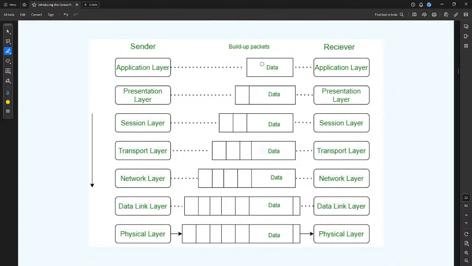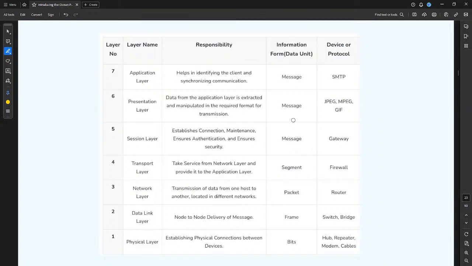Each header is being removed, and you can see the data itself at the topmost, the receiver being the application layer. So I hope up to this point we're able to understand what is happening.